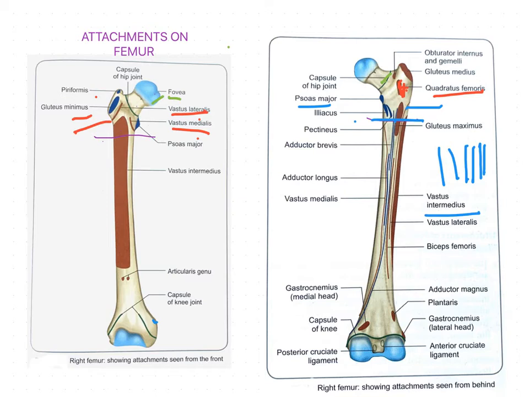If you see the attachments on the intercondylar notch, what are the attachments you'll find here? The anterior cruciate ligament and posterior cruciate ligament, and the intercondylar line provides attachment to the capsular ligament. So this one is the capsular ligament here.